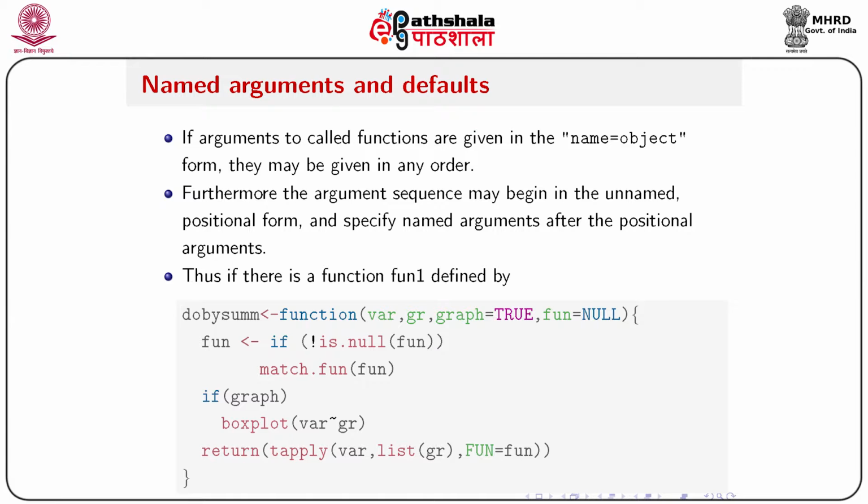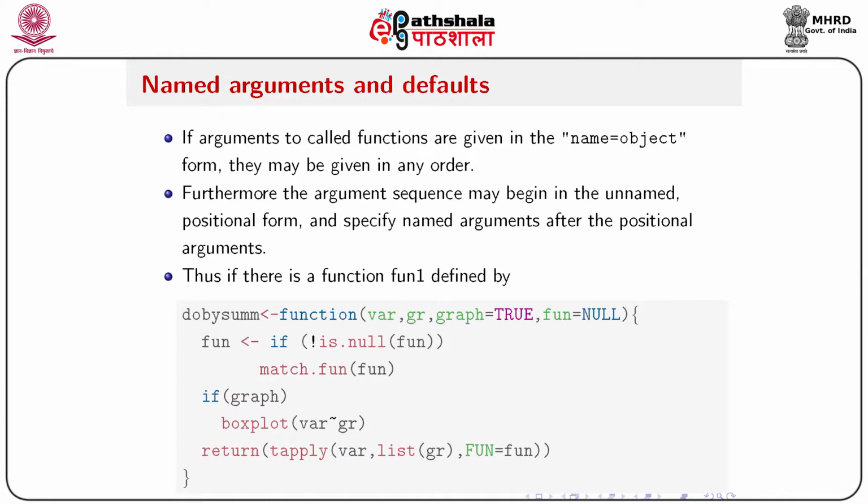Thus, if there is a function, say function 1, defined by, suppose doBy sum is one function that I am using here, with arguments variable, group, graph equals TRUE and func equals NULL. Now if func is not equal to NULL, then match.fun of func.